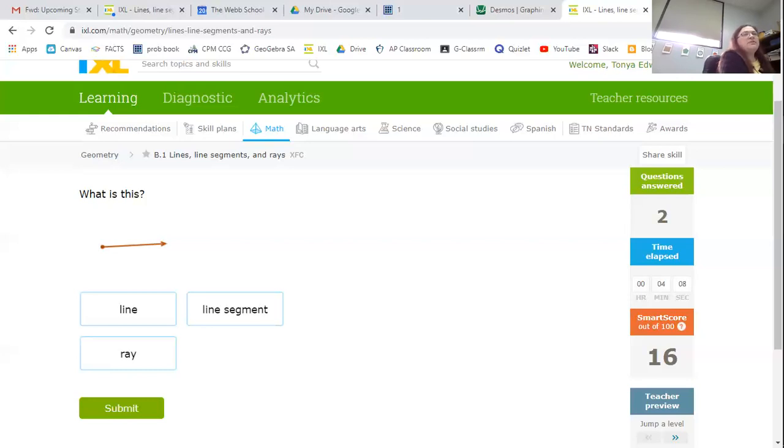Most people answered about 60 questions during their 10 minutes. This person answered 270 questions, and their SmartScore was a 40 instead of an 80.